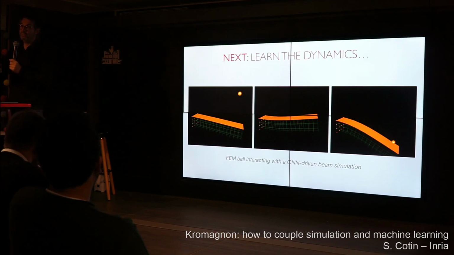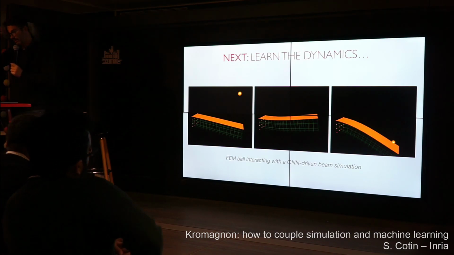So it's possible to have some sort of multi-physics interaction between objects which are on one end simulated the classical way, and on the other end computed using a deep network.